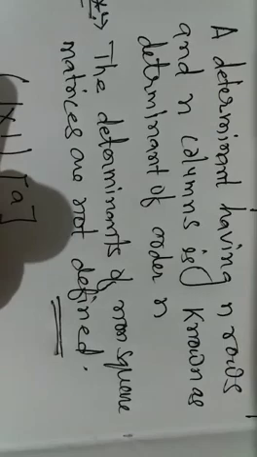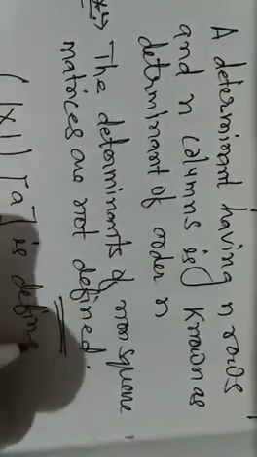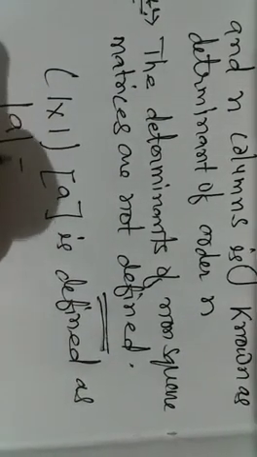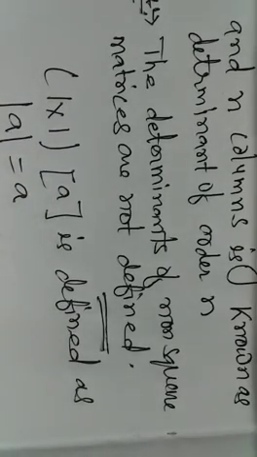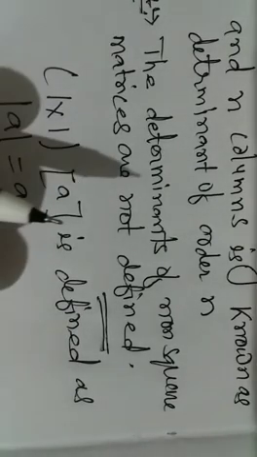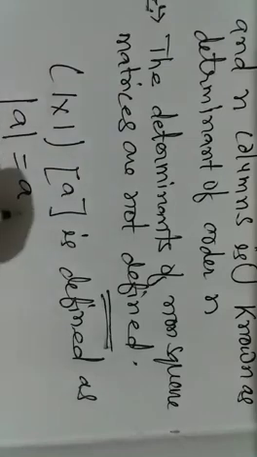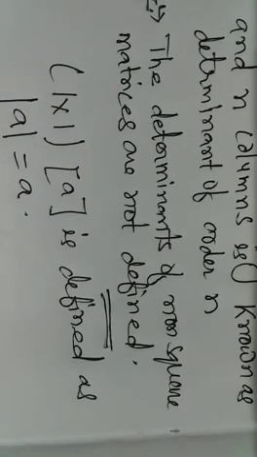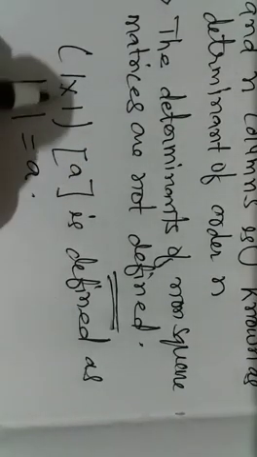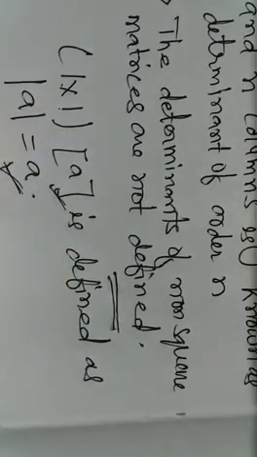It will be written in that way and is defined as how? In determinant form, it will be defined as det A or determinant A, like this. So this is in the matrix form and this is in the determinant form.